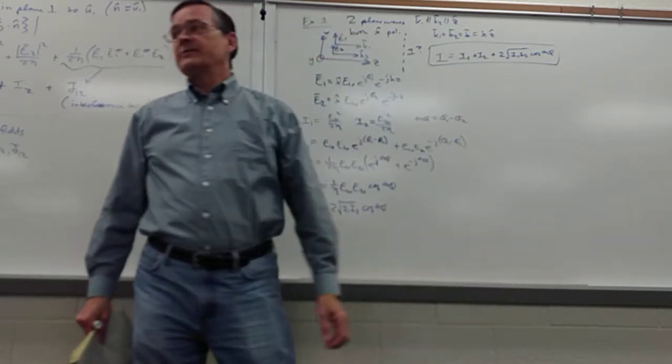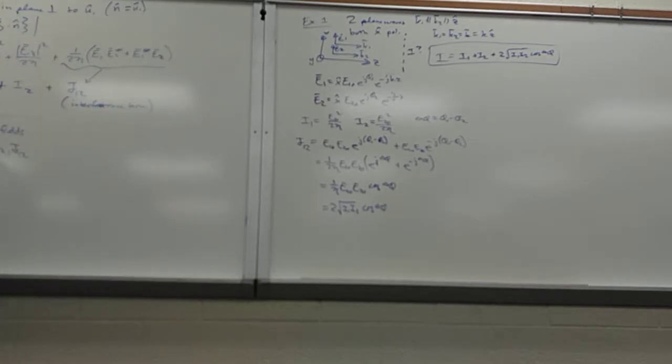And that interference term has a distinctive functional relationship to the irradiances, the square root of I1 I2, and then the phase, cosine of delta phi, the phase difference.